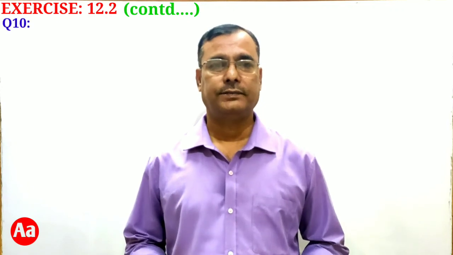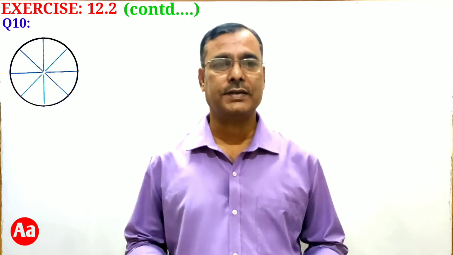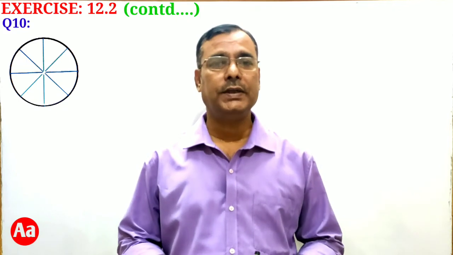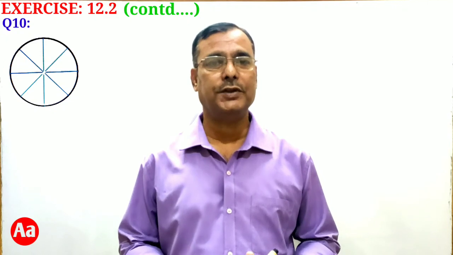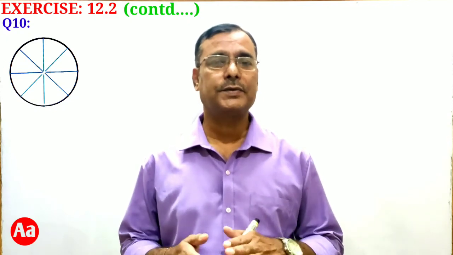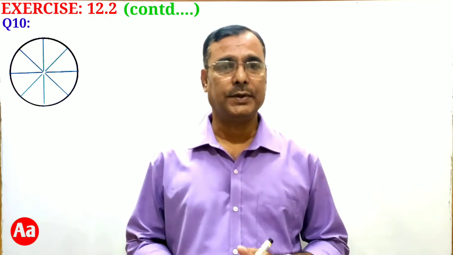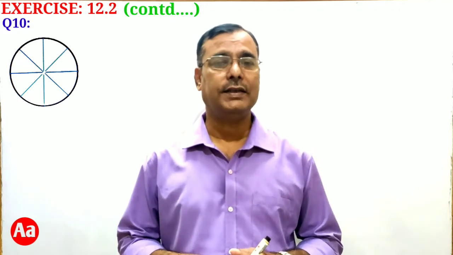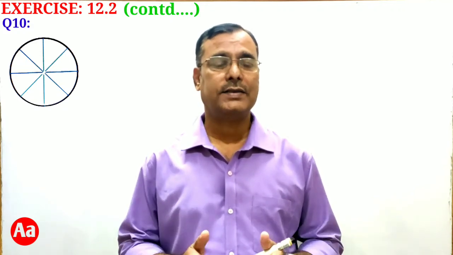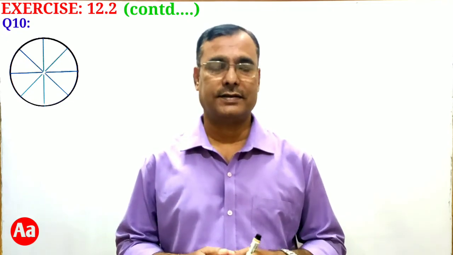Question number 10. An umbrella has 8 ribs which are equally spaced as shown in this figure. Assuming umbrella to be a flat circle of radius 45 cm, find the area between two consecutive ribs of the umbrella. 8 ribs of the umbrella, assuming to be a flat circle, divide it into 8 equal parts, and that 8 equal parts are 8 sectors.